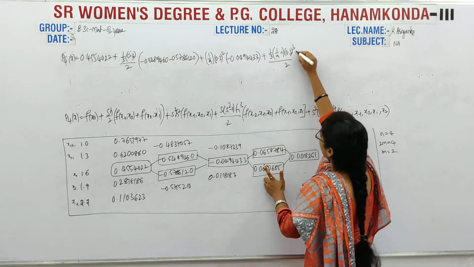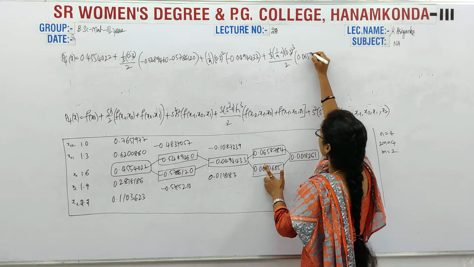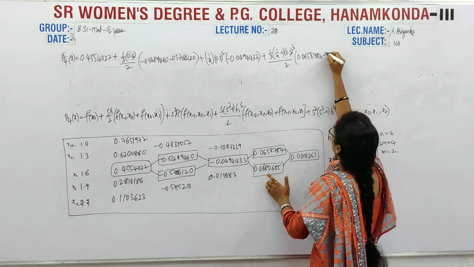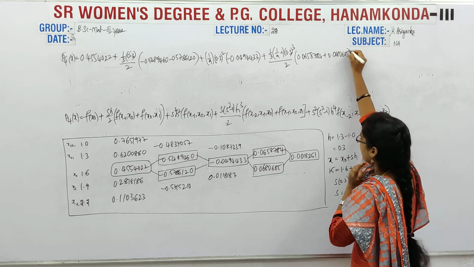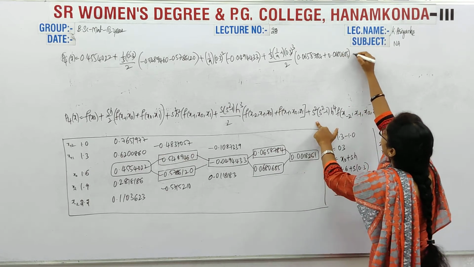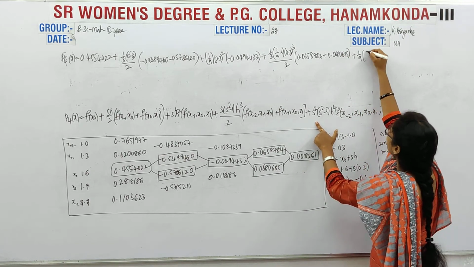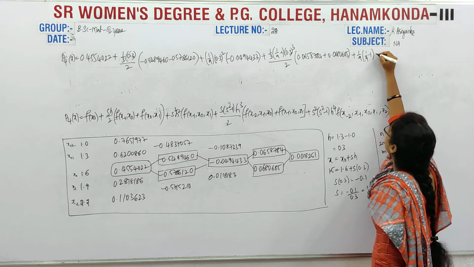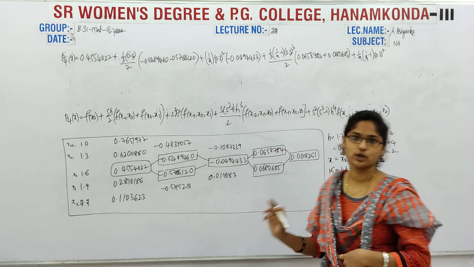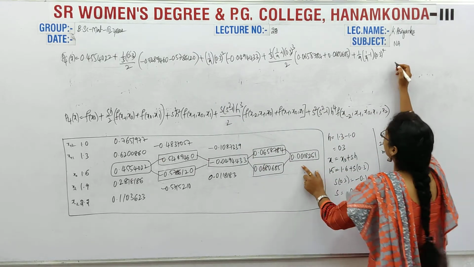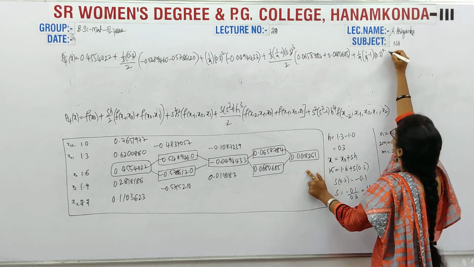The sum of these two again 0.0658784 plus 0.068065. Okay. Last term plus 1 by 9 into 1 by 9 minus 1 into h power 4. Remember h square, h cube, h power 4. We have to get in that order and into this value.